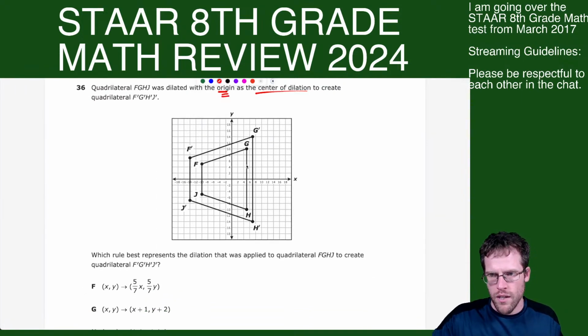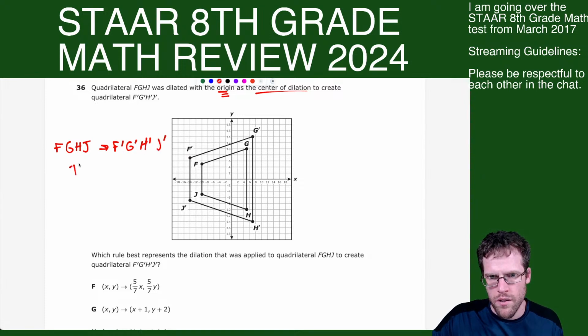If we have FGHJ, this trapezoid, when it becomes this one, they called it a quadrilateral, but yeah, it's a trapezoid. It's a special kind of quadrilateral. Right? The trapezoid gets bigger.